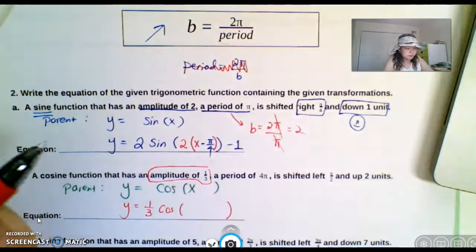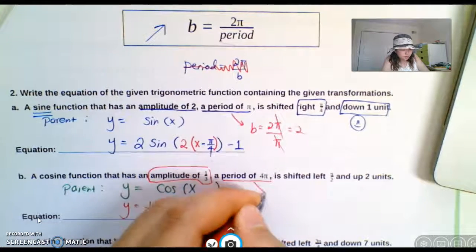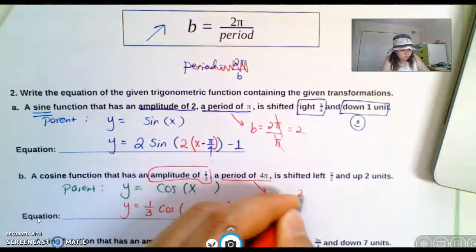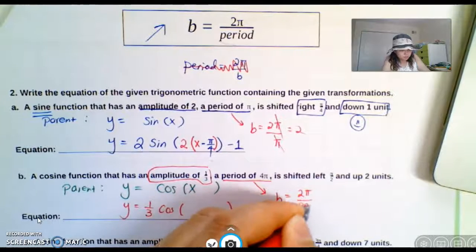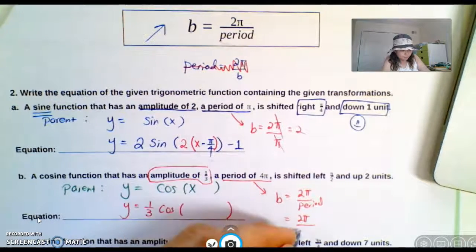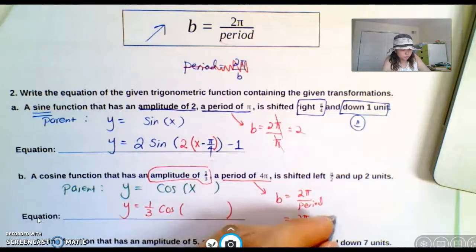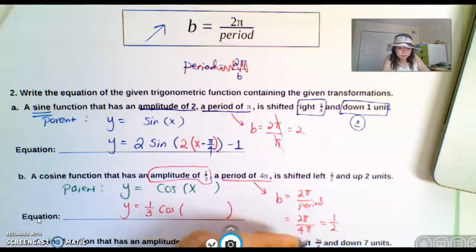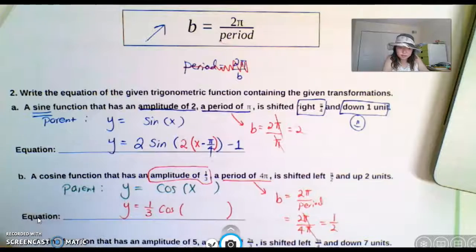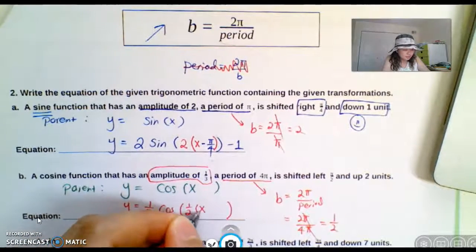Now we have to see if there's going to be a b. Period of 4 pi. So b is 2 pi over period, 2 pi over 4 pi. 2 divided by 4 is 1/2, pi divided by pi is nothing. So it's just 1/2. Then we put x.